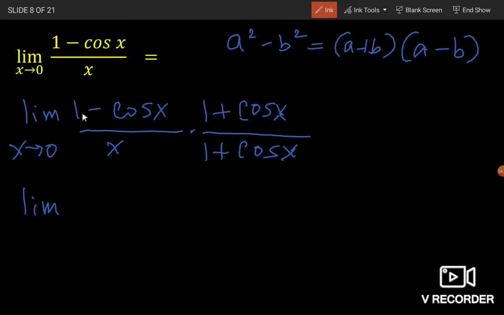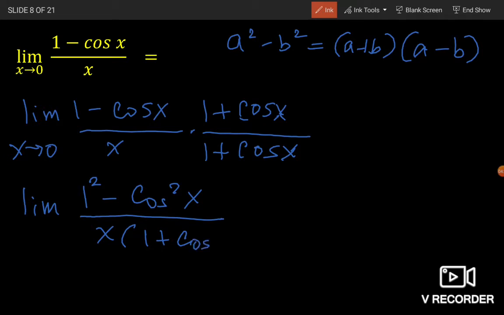Since a is equal to 1, and b is equal to cosine x, we can now transform this into 1 squared minus cosine squared x all over x multiplied by 1 plus cosine of x as x approaches 0.